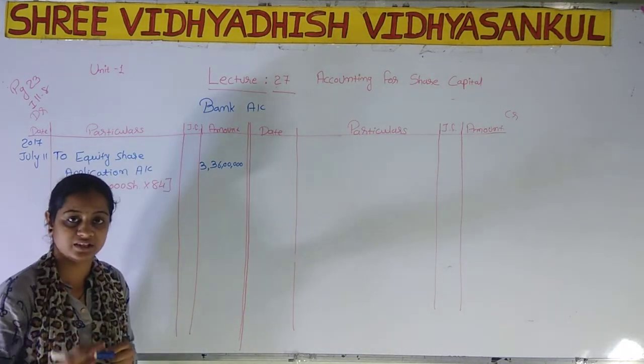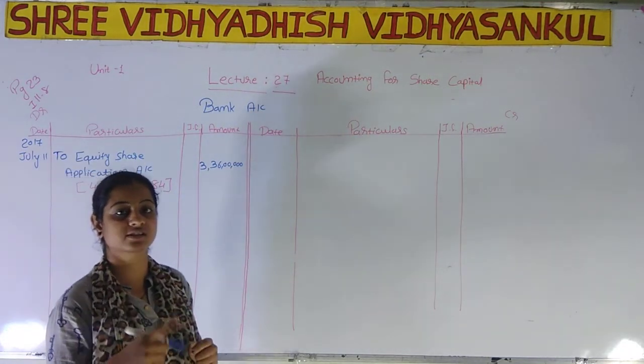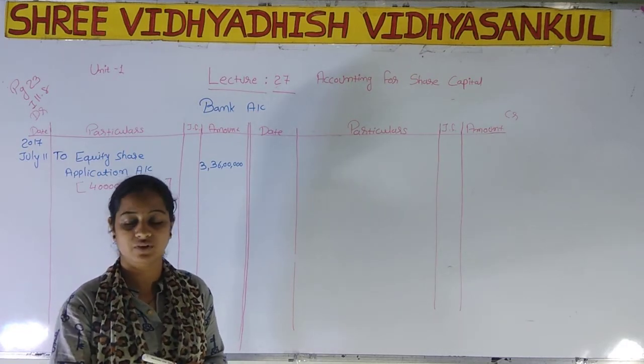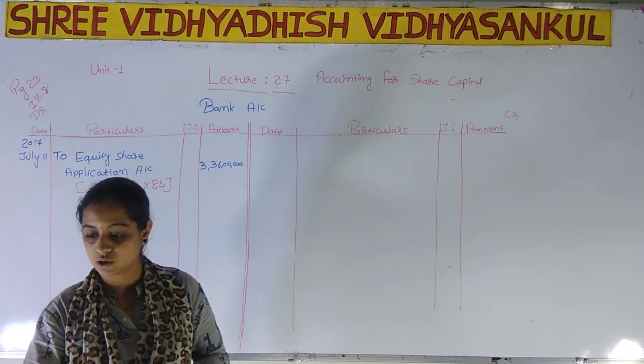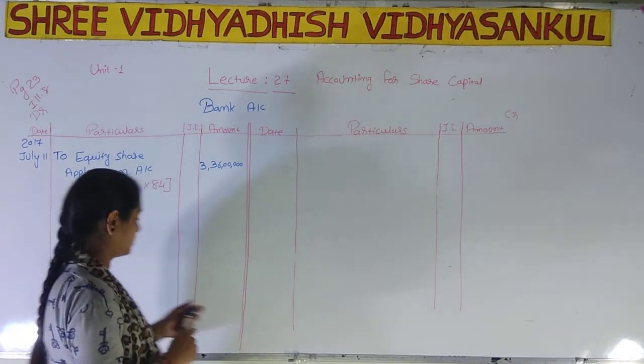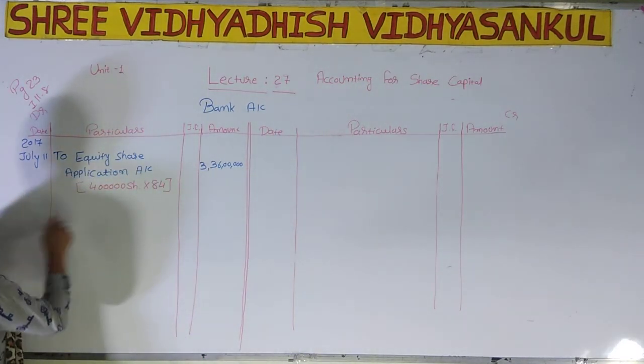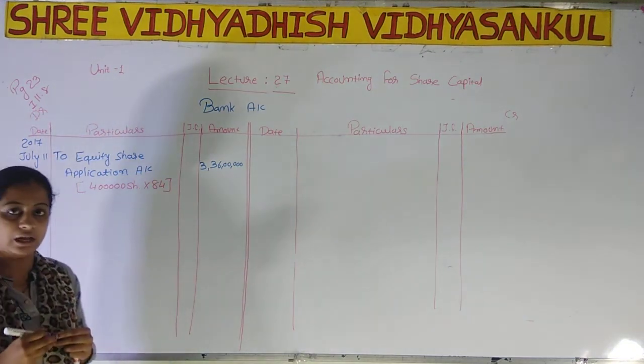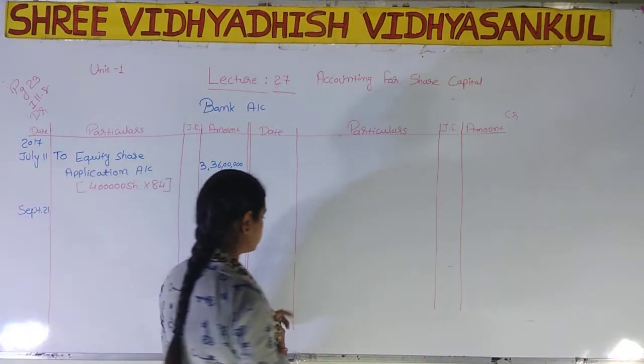Then the next effect we have to give for receiving allotment money, right? See, on which date we have received allotment money? On 21st September, right? So leave one line, then write here September 21st, right? What will be the journal entry?